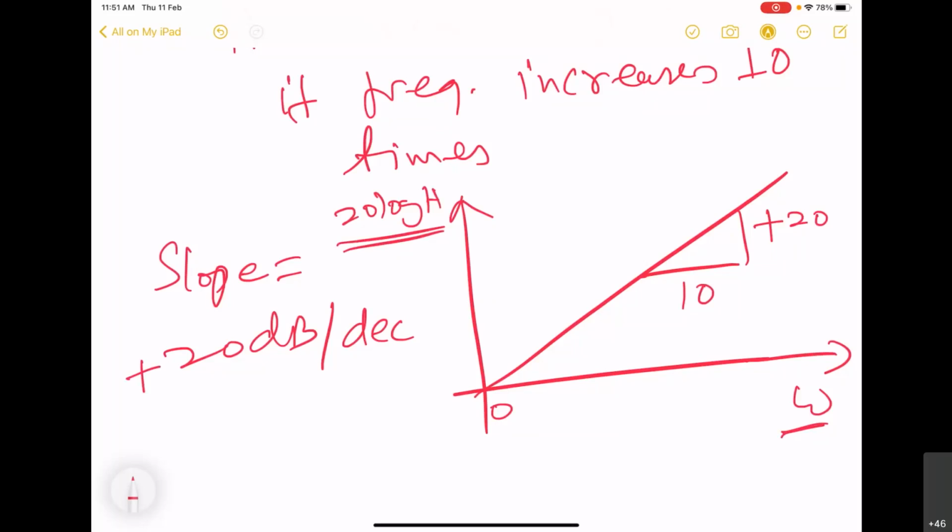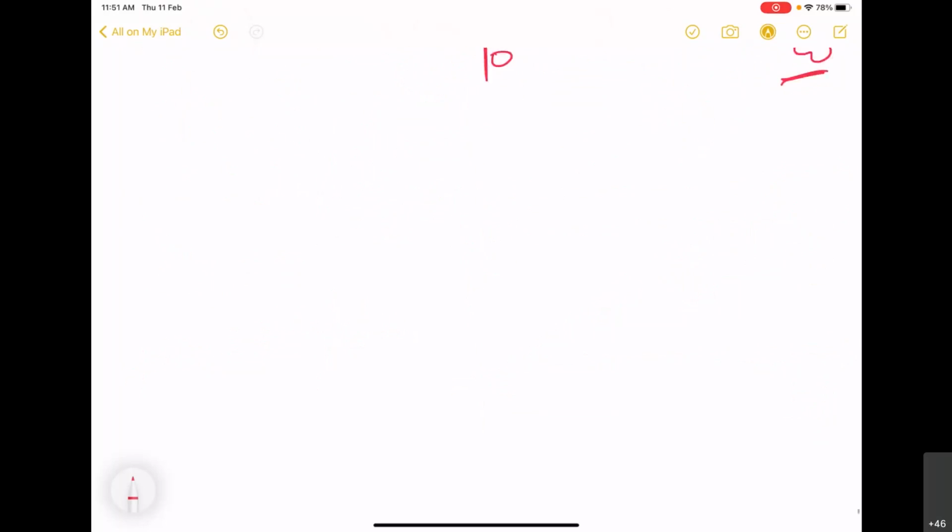Right. So this is about a simple transfer function. Actually, in this case, the frequency response is also going to be exactly like this, a straight line passing through omega is equal to 1. Now let us take a more general case and then see how we make the frequency plot.